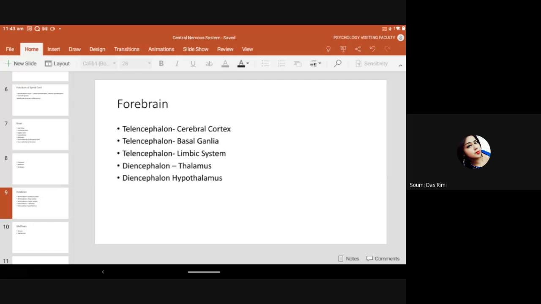Now this basal ganglia is made up of some nucleus, some specific nucleus. They are the quadrate nucleus, the putamen, the globus pallidus, and the amygdaloid nucleus. So the basal ganglia is made up of some specific nucleus. What are they?